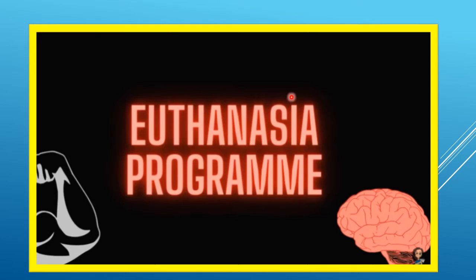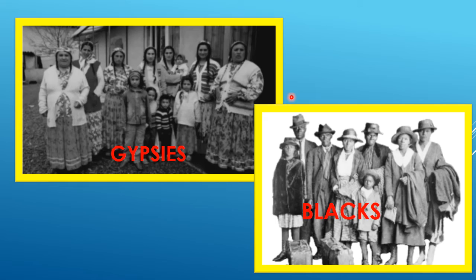Under the euthanasia program, now euthanasia means painless killing, Helmut's father, along with the others, killed many Germans who were considered mentally and physically unfit. Many gypsies and blacks were considered racially inferior and they too were persecuted.